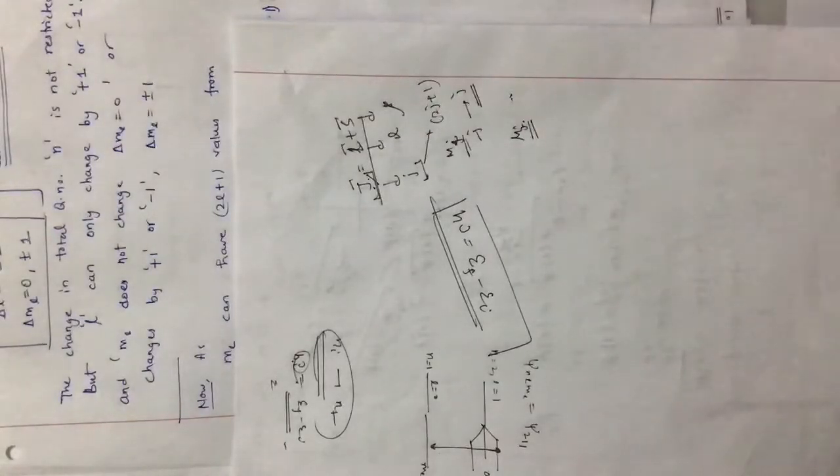Because of the space quantization we can have a Zeeman effect for that as well. But that Zeeman effect, for the spin factor, is known as the anomalous Zeeman effect. However, that is not in your course, but you can study that as well.